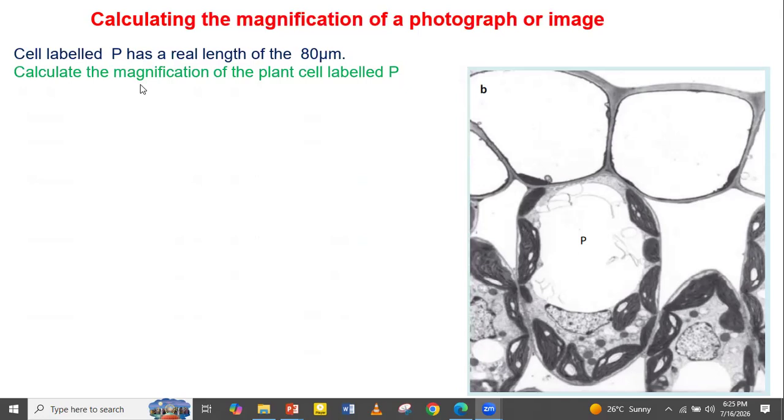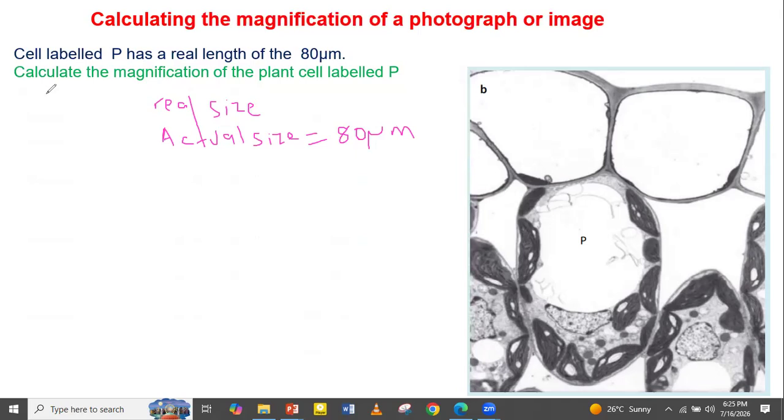I have a real size. Real size, remember, is the same as actual size. So I have an actual size of 80 micrometers.